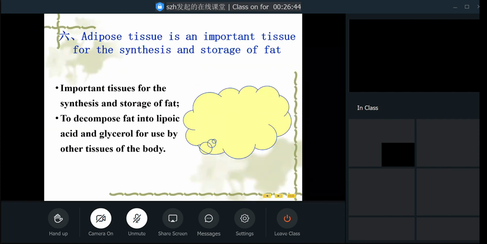And last, adipose tissue is an important tissue for the synthesis and storage of fat. It decomposes fat into fatty acids and glycerol for use by the other tissues of the body.